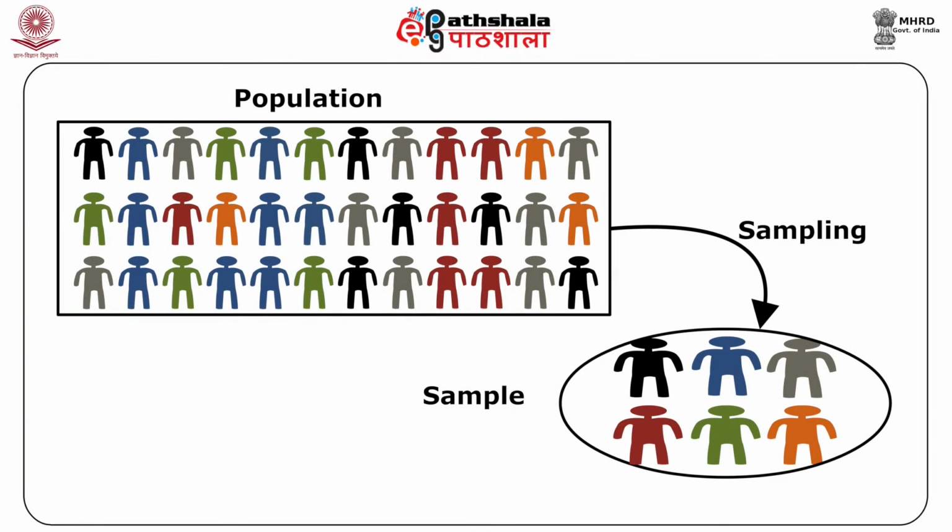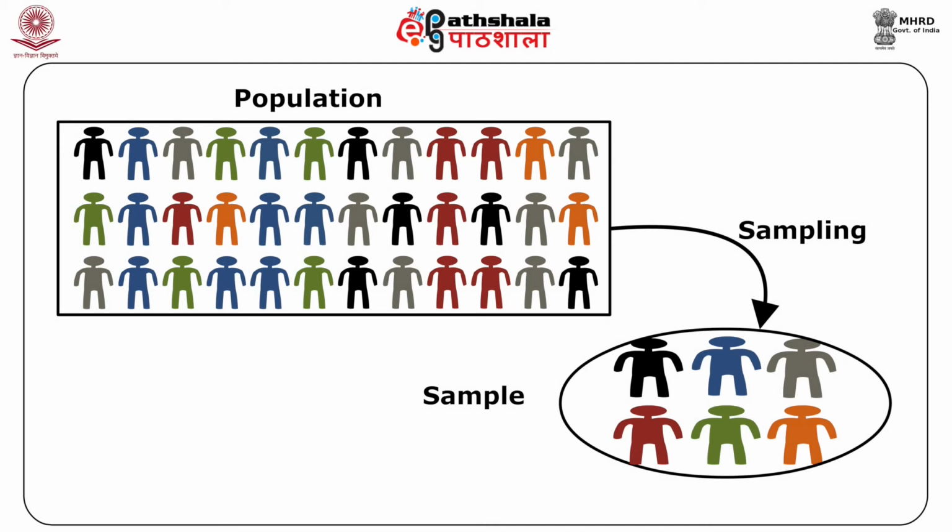A sample is a group of units selected from the population used to draw valid conclusions about the larger group. Sampling is the process of selecting a subset of observations from an entire population of interest so that characteristics from the subset, which means the sample, can be used to draw conclusions or make inferences about the entire population.